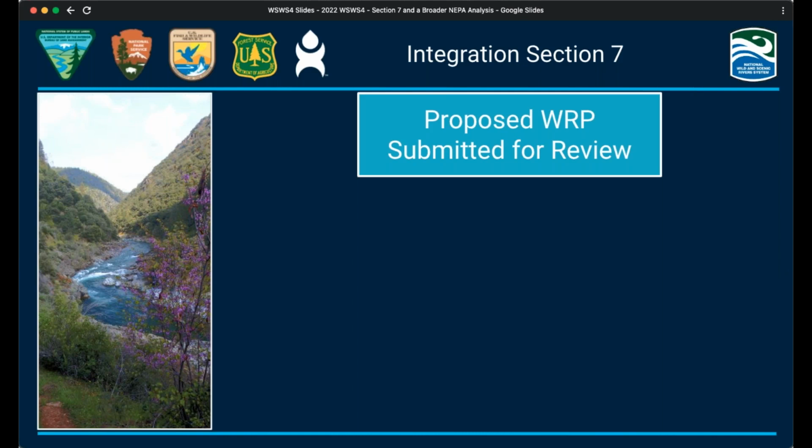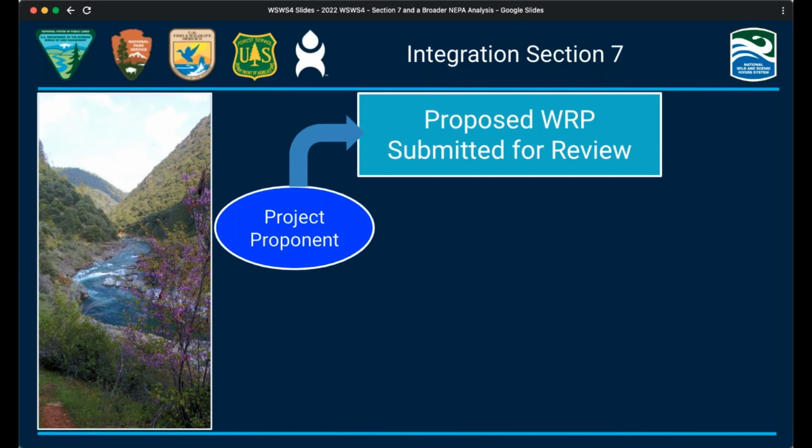So a Section 7 determination is prompted with the initiation of a proposed project. Projects may be proposed by the river administering agency or by another federal, state, or local government agency. A typical project might be a highway project proposed by a state or local government.